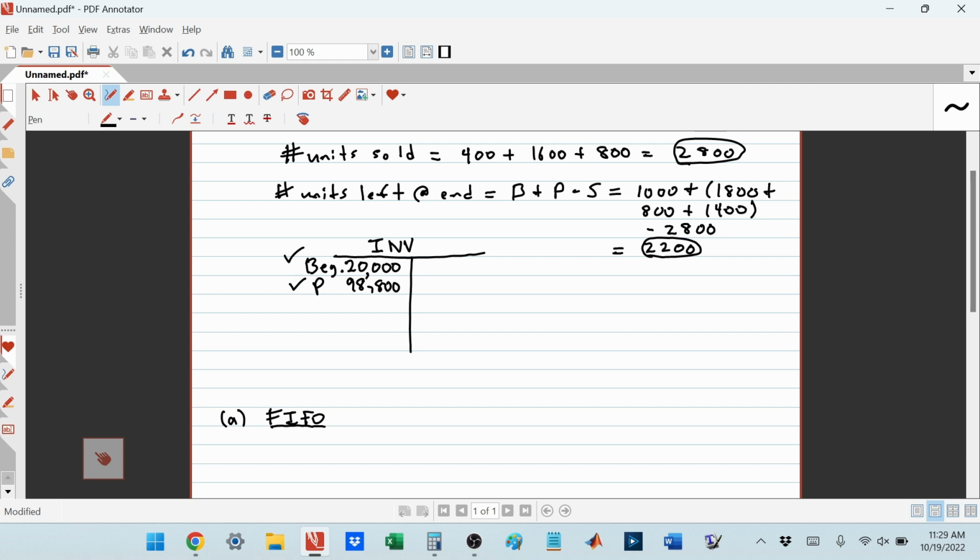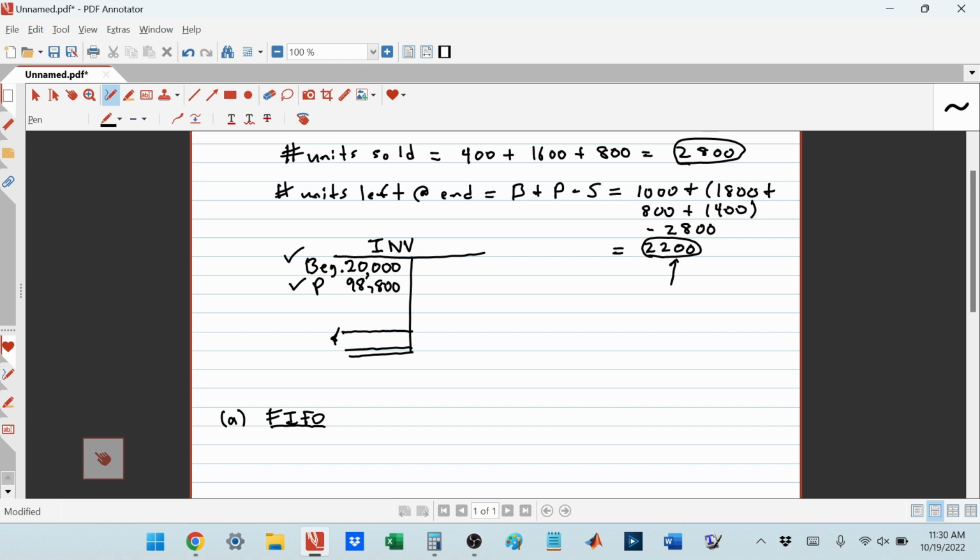Given. What we're not given is the dollar value of their ending inventory. We know they have 2,200 units in ending inventory right here, but we don't know what dollar value we're going to assign to those units.